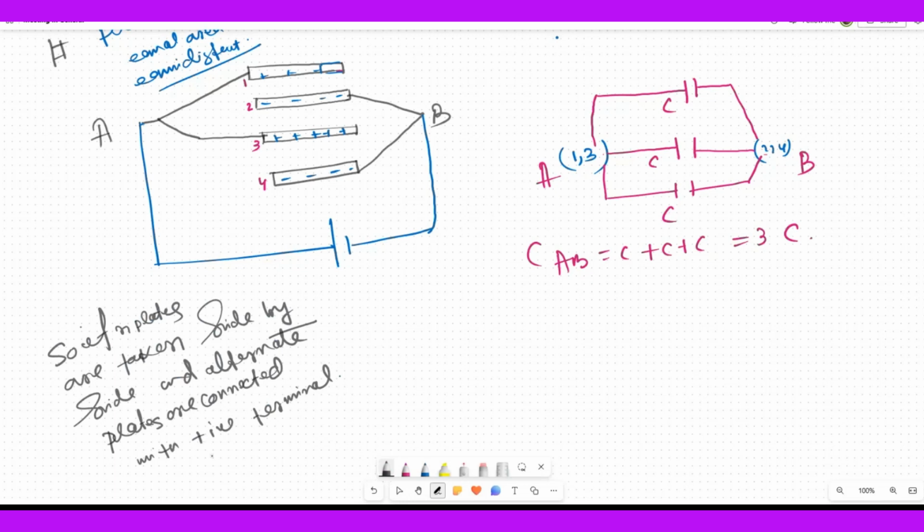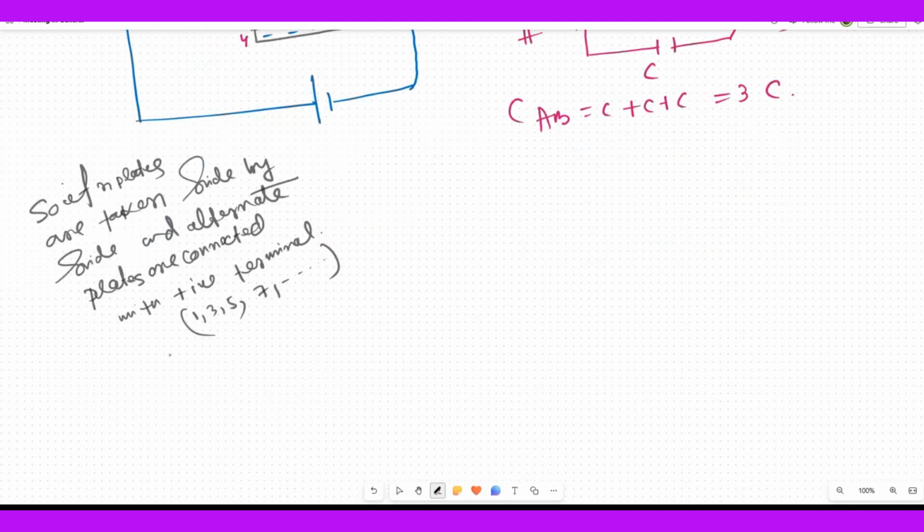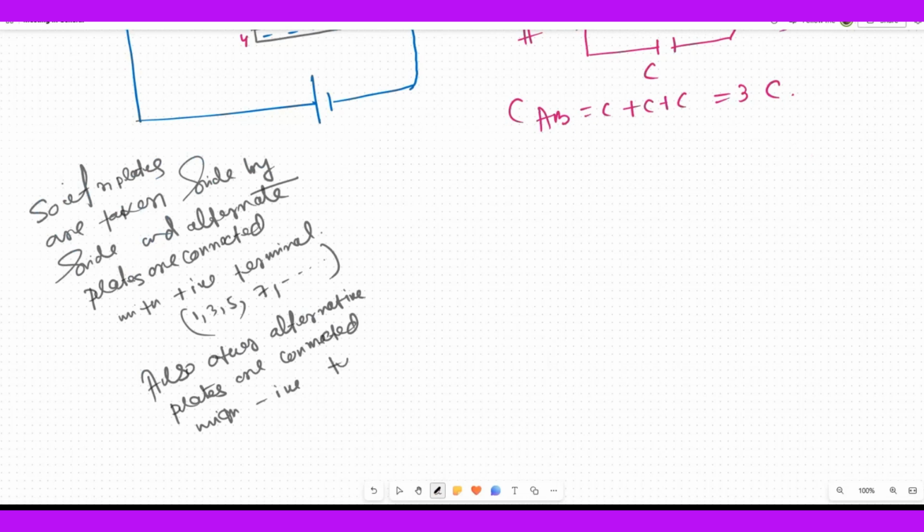Like you have connected 1, 3, 5, 7, they are connected to the positive terminal, and even numbered plates are connected to the negative terminal. Also, other alternate plates are connected with the negative terminal of a battery.